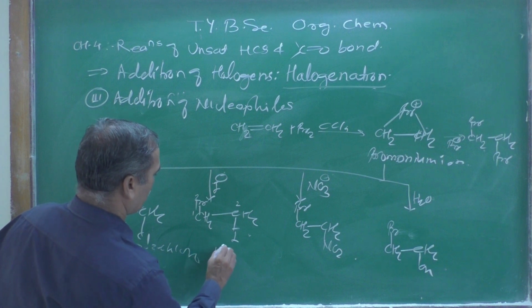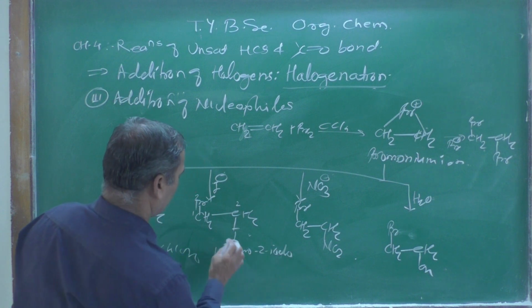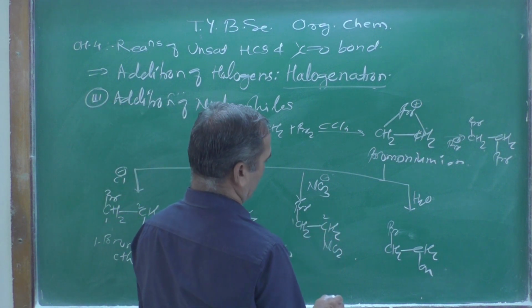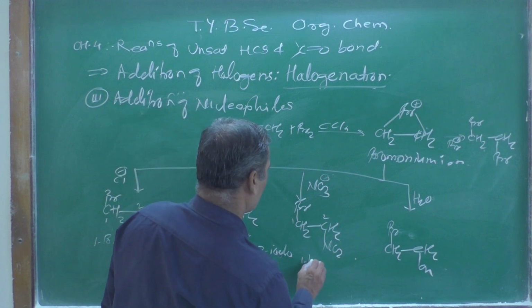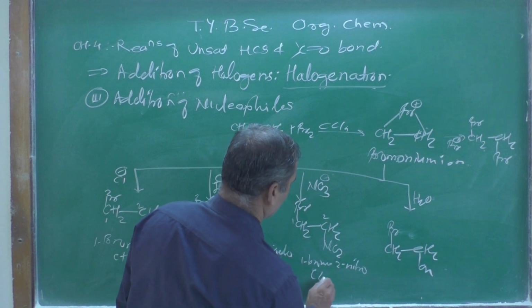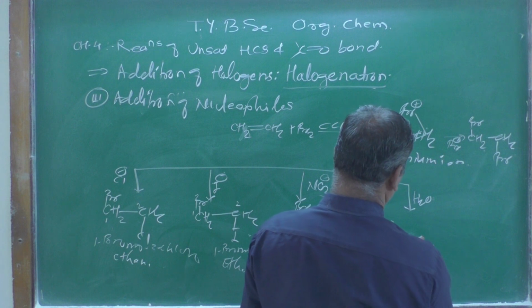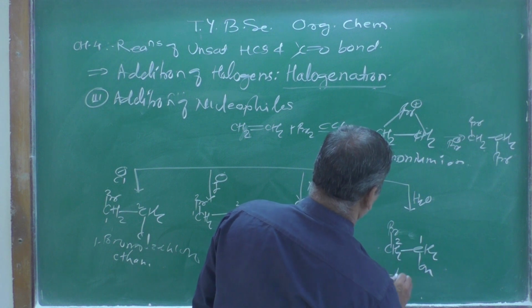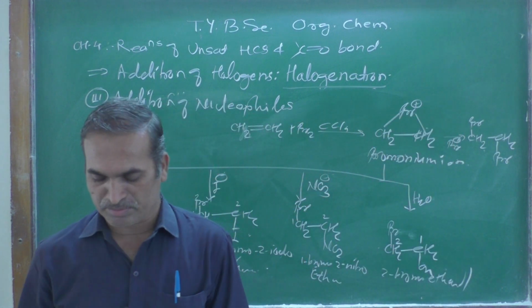So it is 1-bromo-2-iodoethane, and the name of this compound is 1-bromo-2-nitroethane. This is the IUPAC name of this compound. And now this one, hydroxy is the priority, so here it is 2-bromoethanol. This is the IUPAC name of this compound.